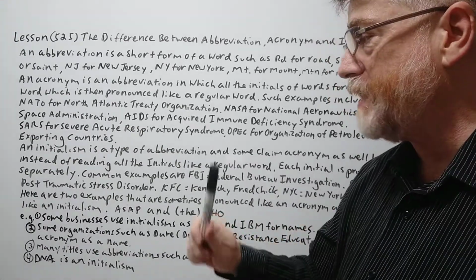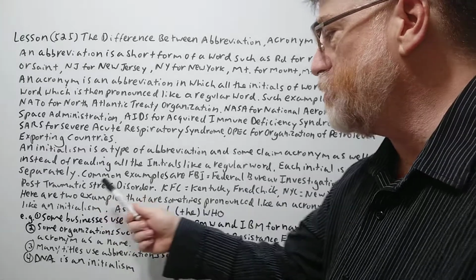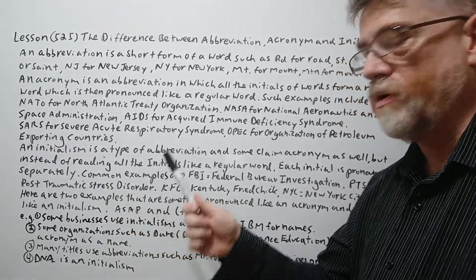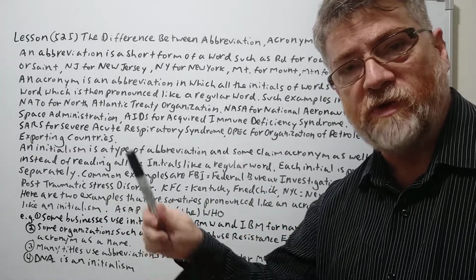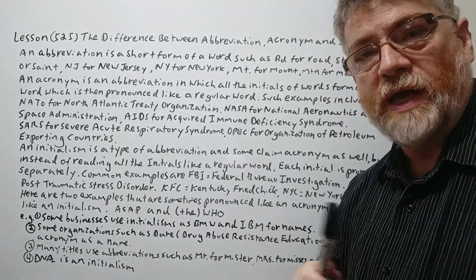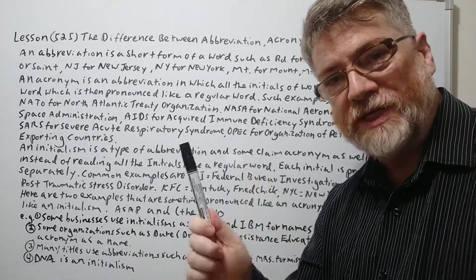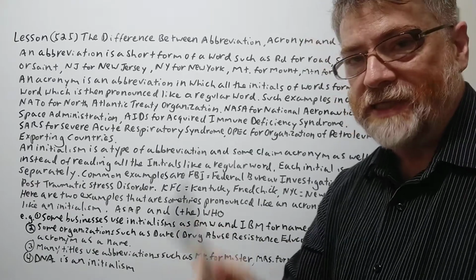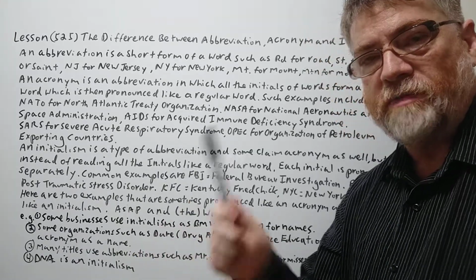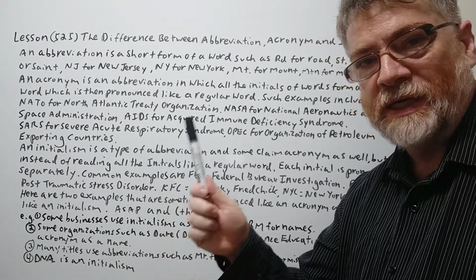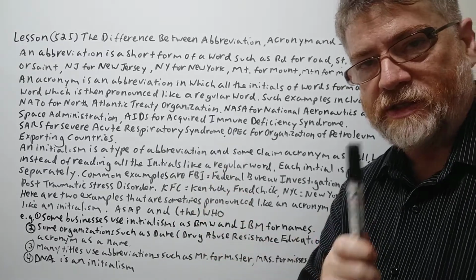Or PTSD standing for Post-Traumatic Stress Disorder. We often say somebody suffers from PTSD. So again, we read it by pronouncing each individual letter. It's not pronounced like a word, like an acronym. It's pronounced with each individual letter. That's the way we do it.